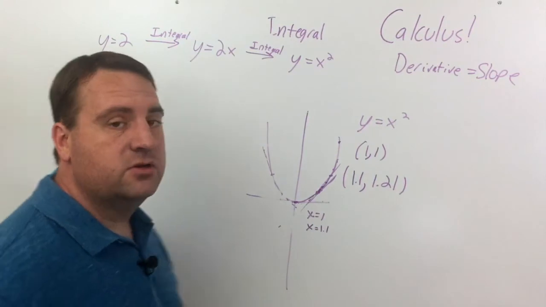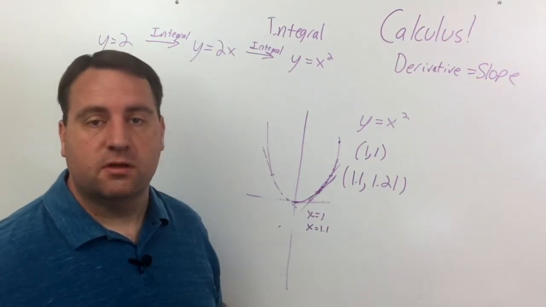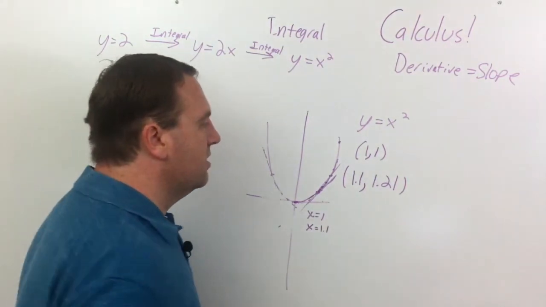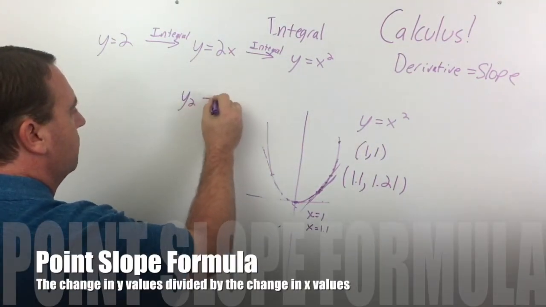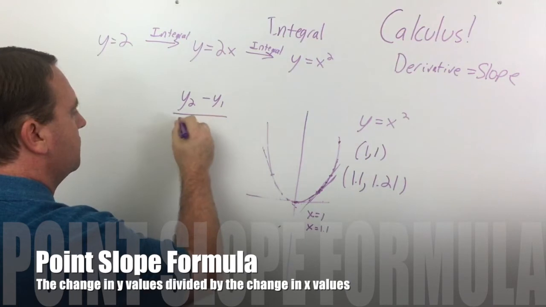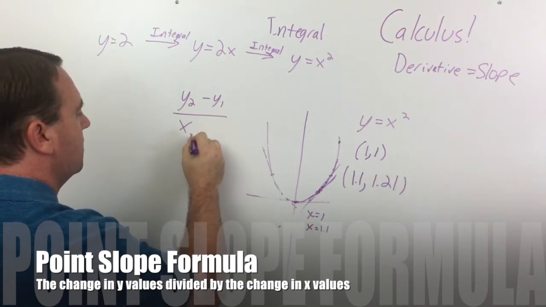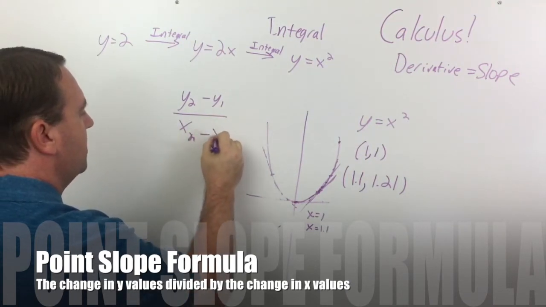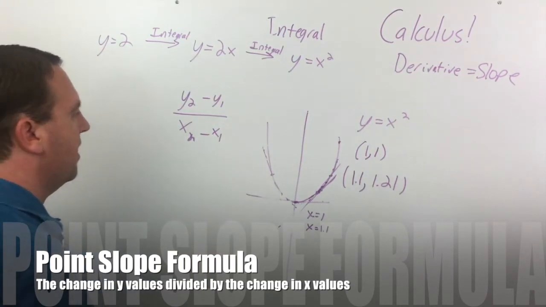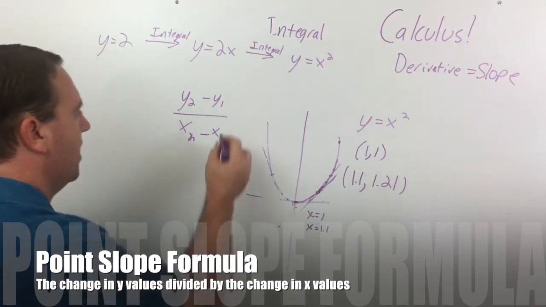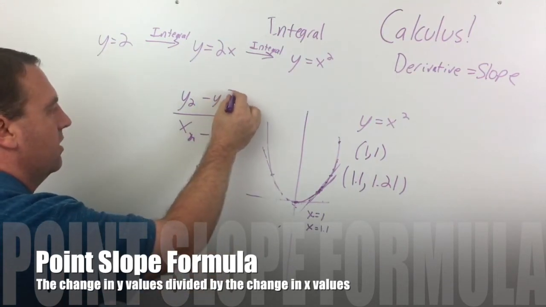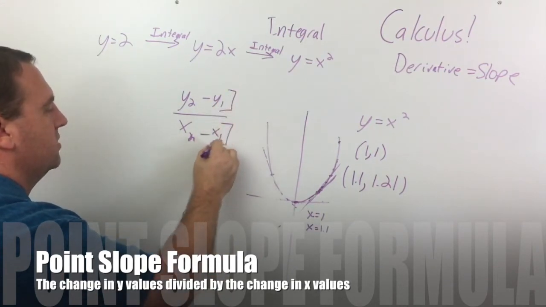Okay, so now we have our 2 points. How do we determine slope? Well, slope is done using this formula. Because remember, the slope is merely the change in y divided by the change in x, or rise over run. So rise is the change in y, and run is the change in x.